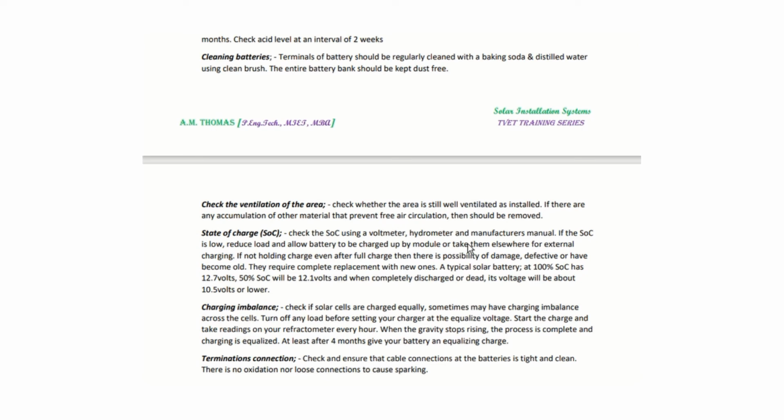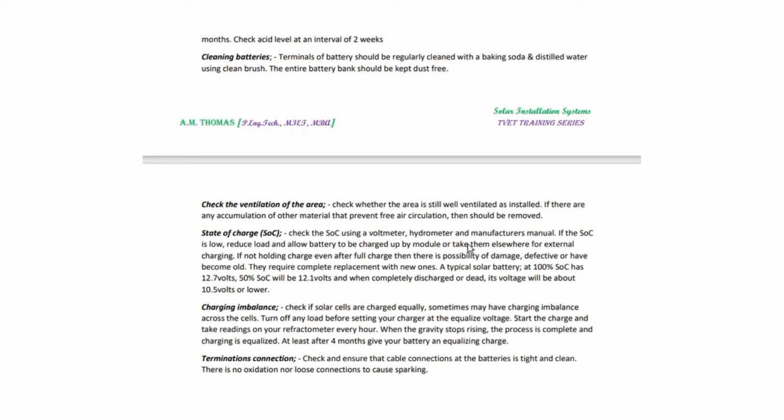The air circulating in that room is enough for the battery to perform well, so that we have a proper temperature. The ambient temperature is good, so that we avoid overheating of batteries.